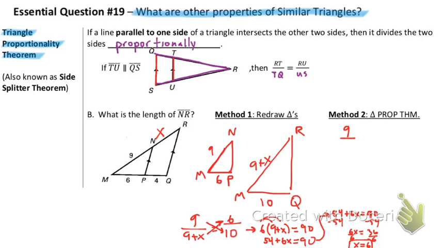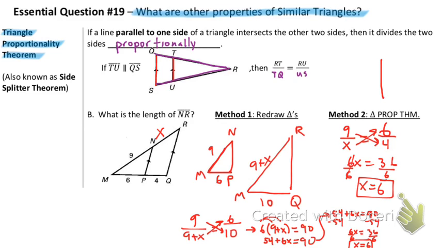So 9 over x is equal to 6 over 4. Again, this is using the side proportionality theorem. Cross multiply, 6x equals 36. Divide by 6, and x equals 6. We get the same answer for x.